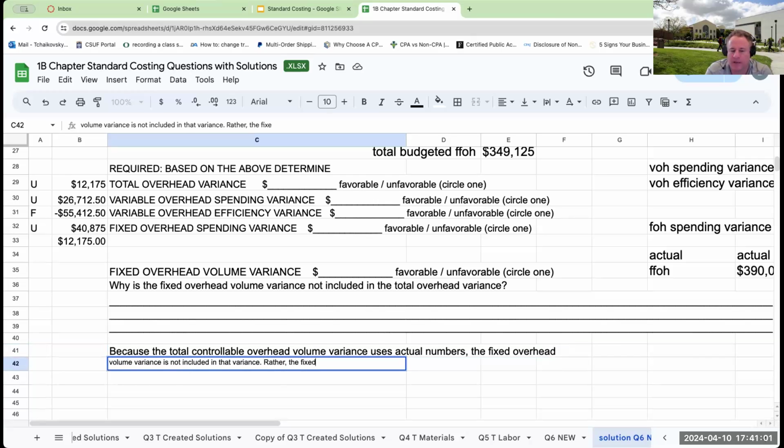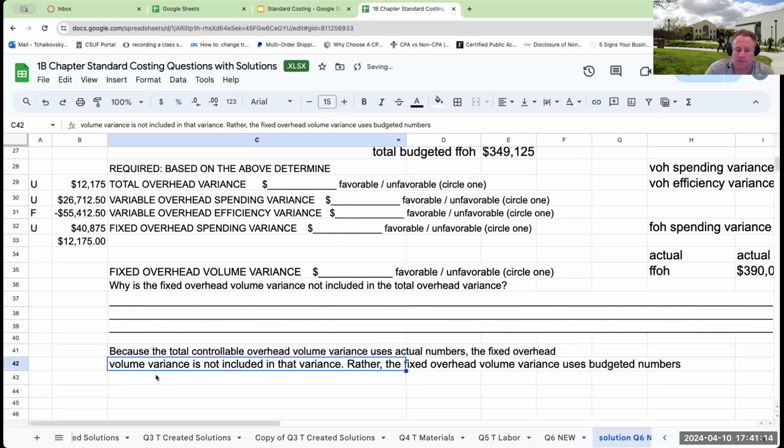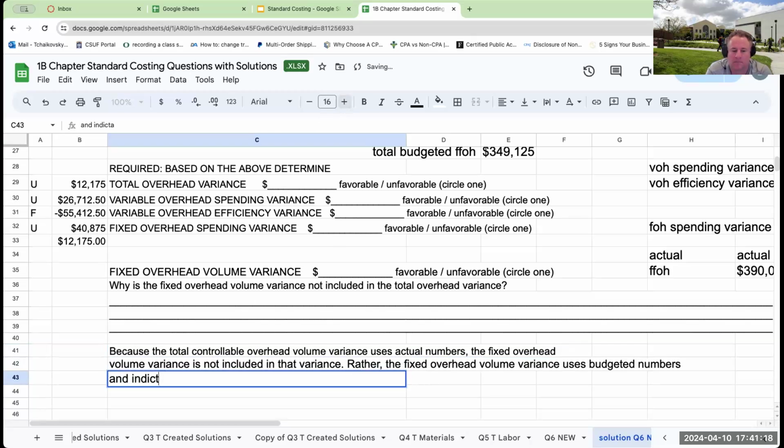Rather, the fixed overhead volume variance uses budgeted numbers and indicates to us how efficient we were with our production.